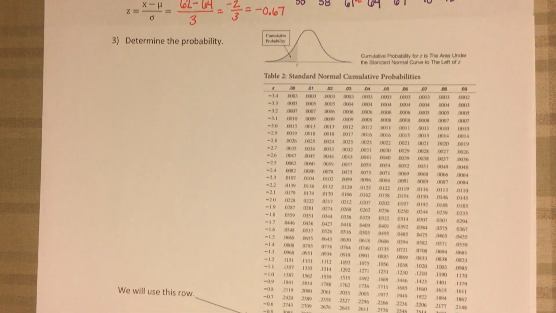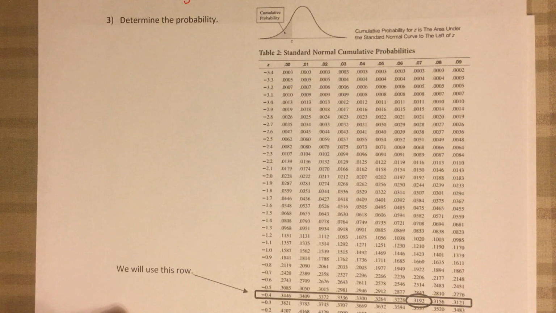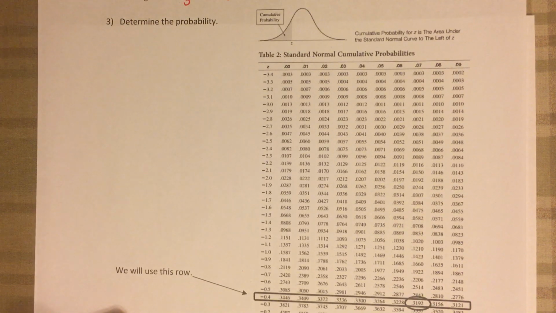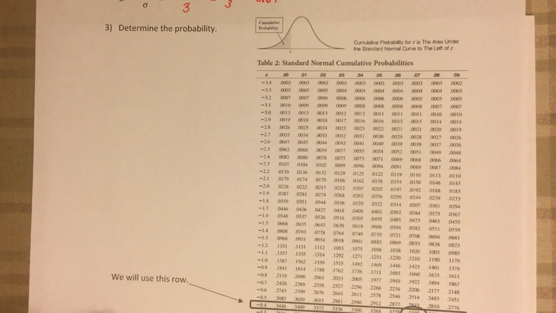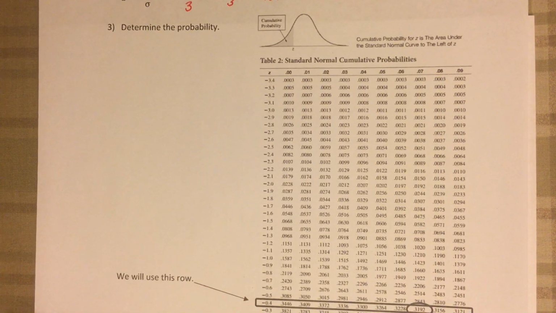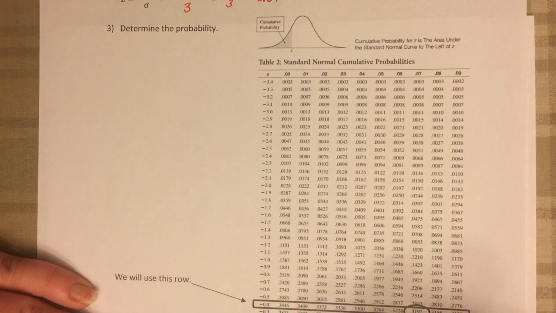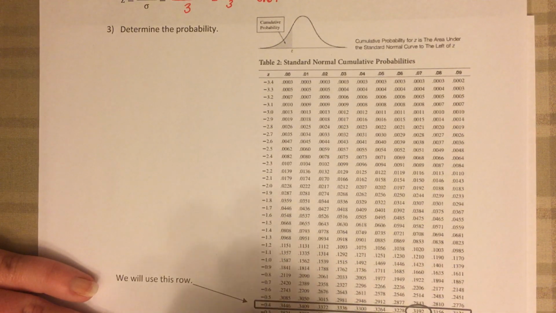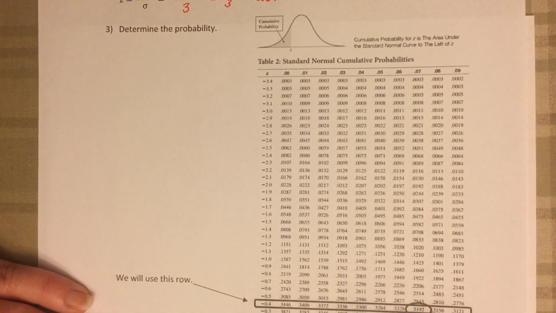So down at the bottom here, I have a picture of this table. What we're going to do is find our -0.67 in our table. My row here is a little bit off, so it's not actually going to be what's circled here, because when I reprinted this it didn't print correctly, but we're going to move this up a little.